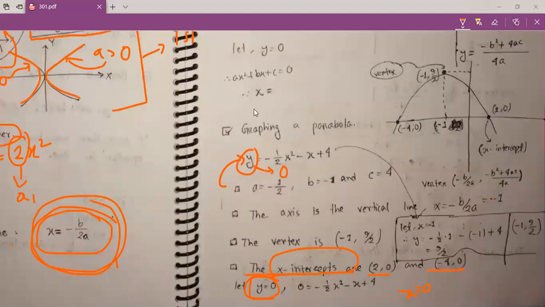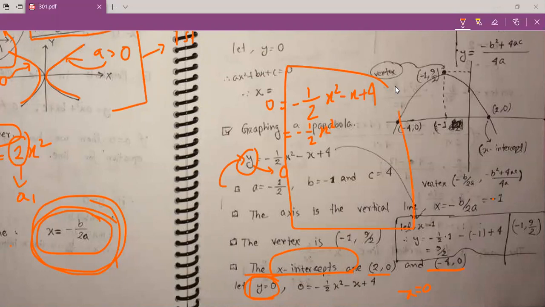So if y is equal to 0, then 0 equals -1/2 x² minus x plus 4. Now we can do the middle term split. It will be a long equation, so I will show it later.